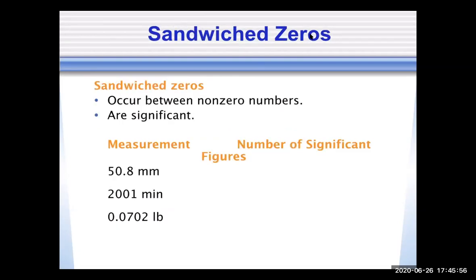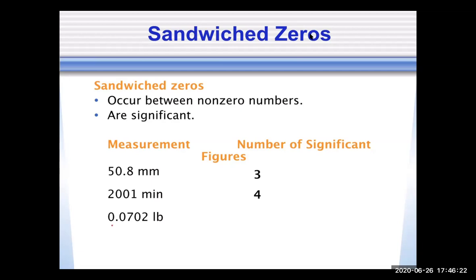All right, and then sandwich zeros. If you have zeros between non-zero numbers, right in the middle of the number, they are significant. So 50.8 millimeters, all of them are significant. 2001 minutes, all are significant. Now this one is 0.0702 pounds.